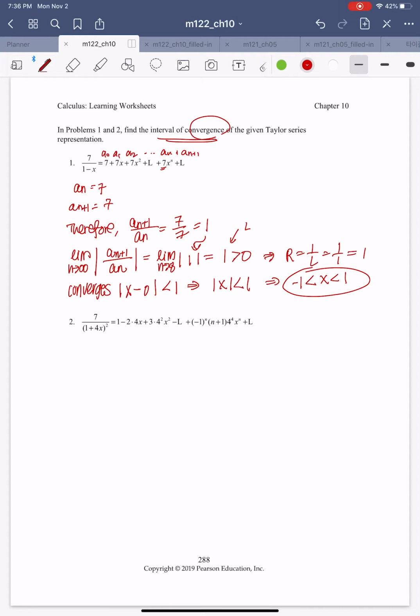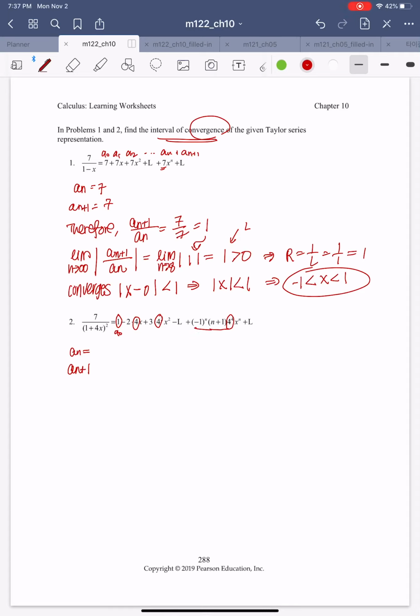Okay, let's do one more practice. Same thing: I'm going to find a sub n plus 1, and then take the limit as n approaches infinity of our ratio. You can see that this is your a sub 0, this part over here, and this one over here, and the format is 4 raised to the nth power.